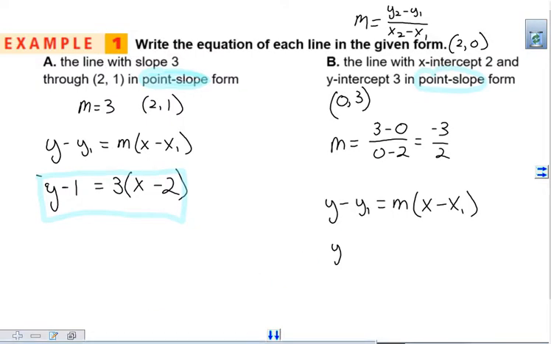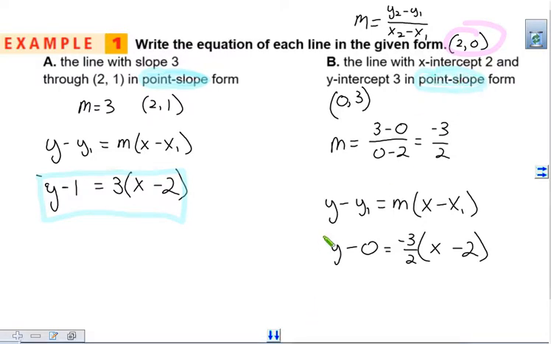I am going to use our x-intercept. So for this one, my equation would be y minus 0 equals negative 3/2 times x minus 2. And again, because we want our equation in point-slope form, that is my answer. Do not change it out of that format.